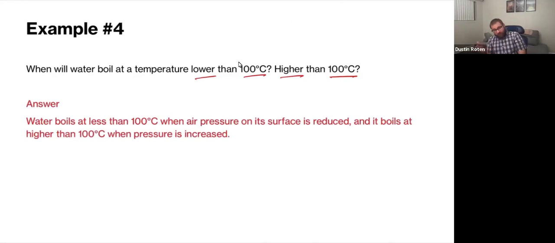Well, like we've been talking about, water will boil at less than 100 degrees Celsius if the air pressure on its surface is reduced, so we're talking about reduced pressure here. And it will boil at higher than 100 degrees C if we increase the pressure that it has to overcome for the boiling process to start.